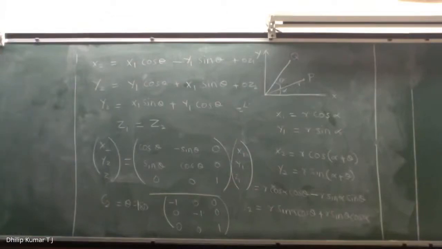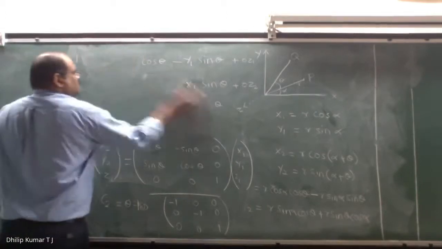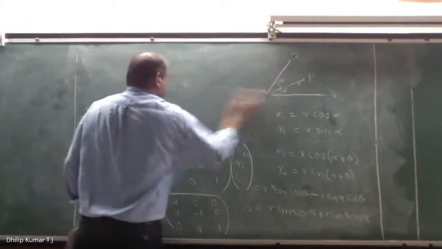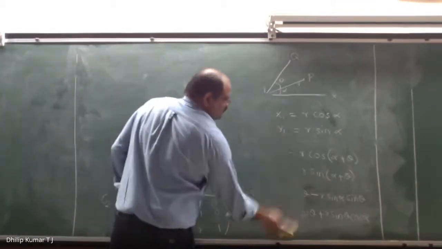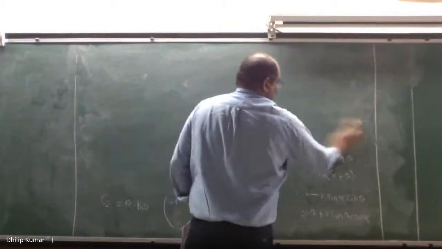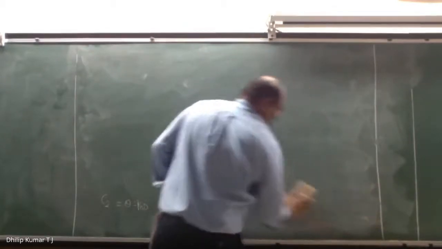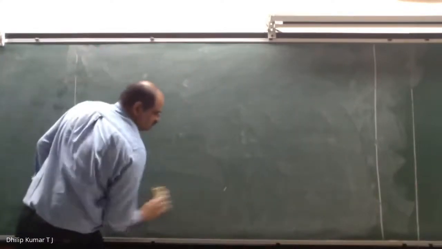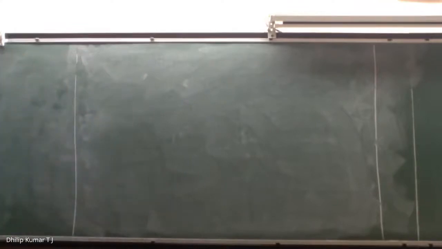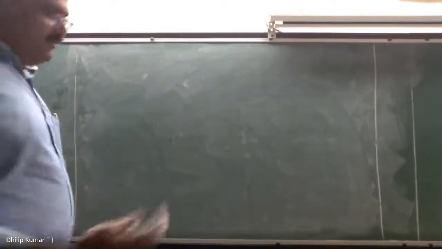Let me finish with a few more matrices. Okay, let's start afresh. Say the molecule is planar now, so you don't have to go for the 3 by 3 matrix.